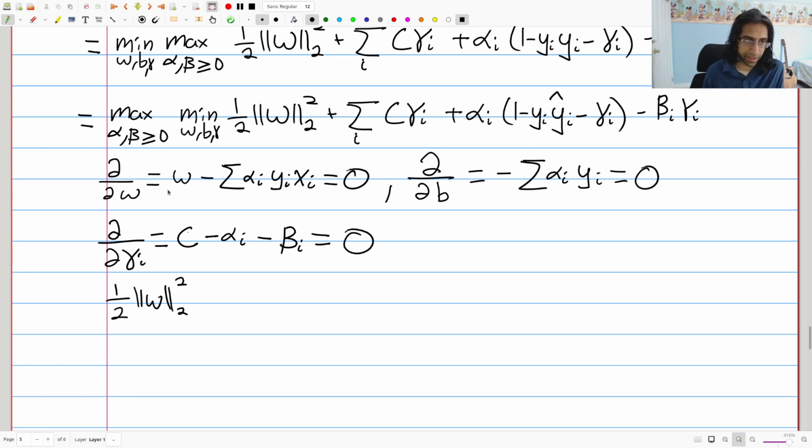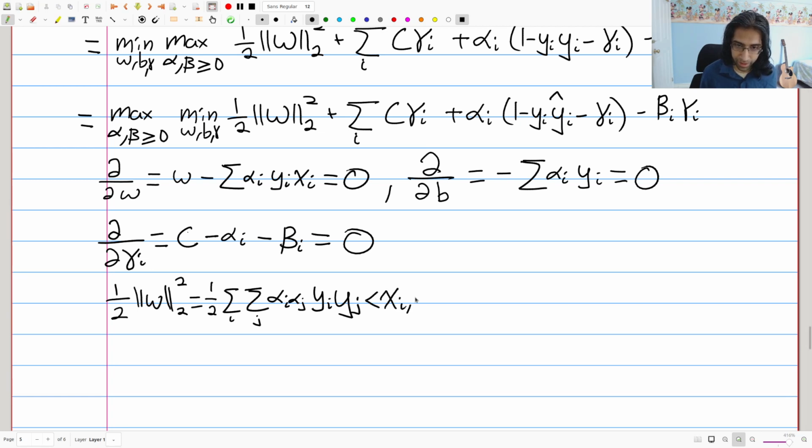So what we can do here is essentially plug in this first derivative right here, and this can be written as summation over I, summation over j, alpha I, alpha j, yi, yj, and then inner product of xi, xj. So this should look familiar, since this is exactly what we had from the last lecture when we took the first term.